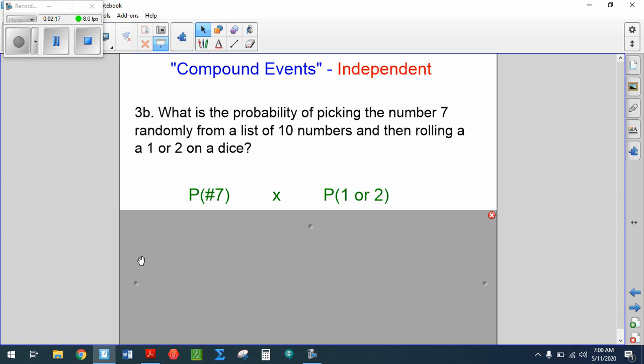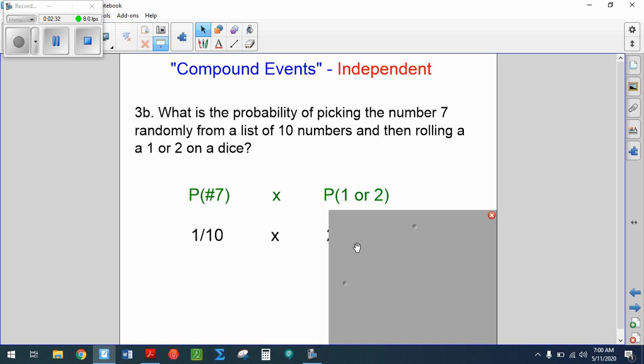So the probability of picking a 7 is 1 out of 10. There's one number 7 out of 10 random numbers. And then the probability of rolling a 1 or a 2, that's 2 outcomes out of a total of 6 outcomes. And you could also write 1/3 there because 2 over 6 is 1/3.